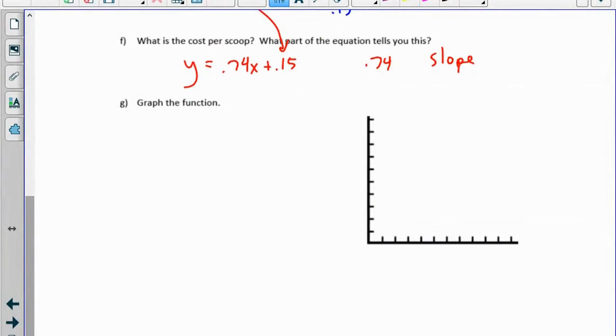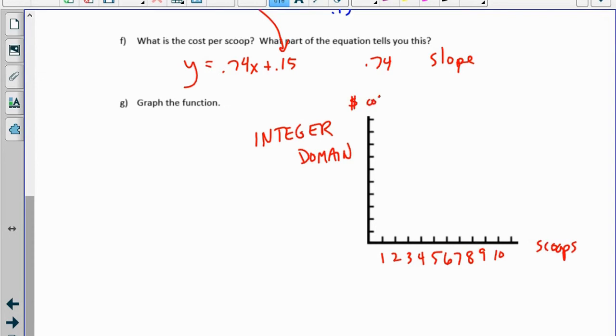So now we're going to graph the function. And when I graph the function, remember that I only have integers in my domain. So since I only have an integer domain, what I'm going to do is I'm going to label things properly. These are scoops, and this is cost in dollars.